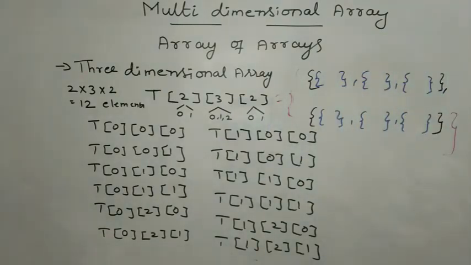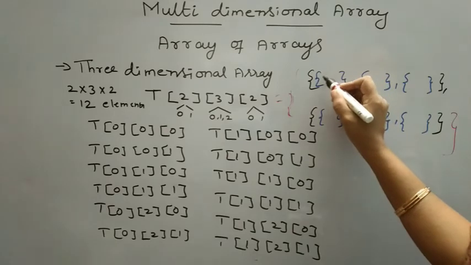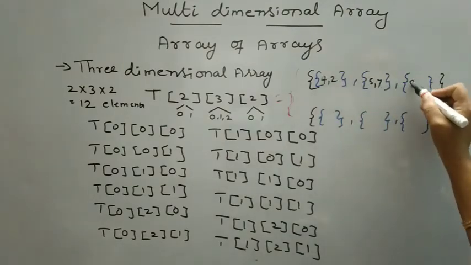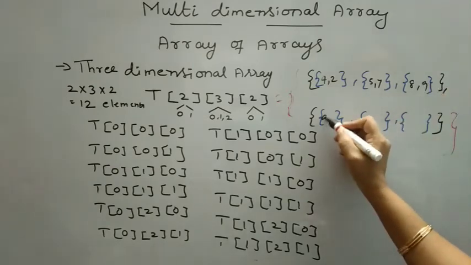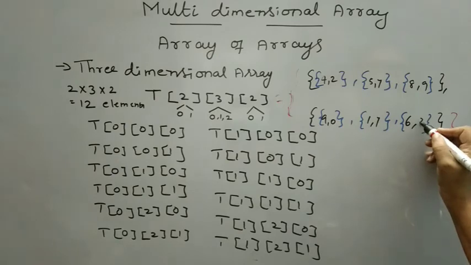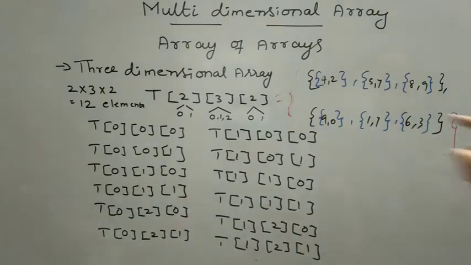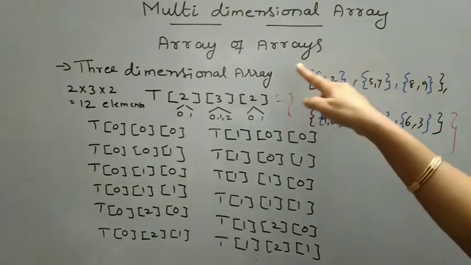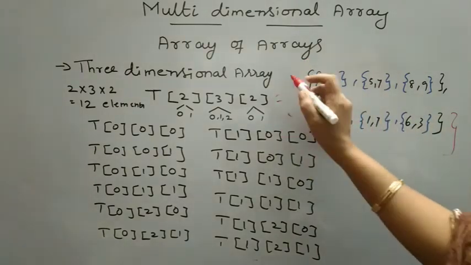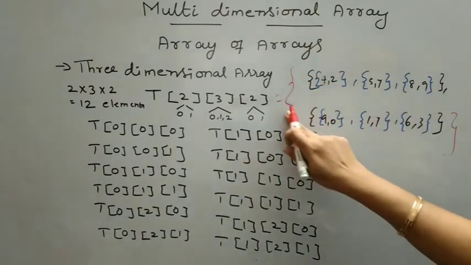So how to write the elements? For example, say we have 4, 2, 5, 7, 8, 9, 9, 0, 1, 7, 6, 3. How to initialize values for this array? The values of the array are enclosed within curly braces.